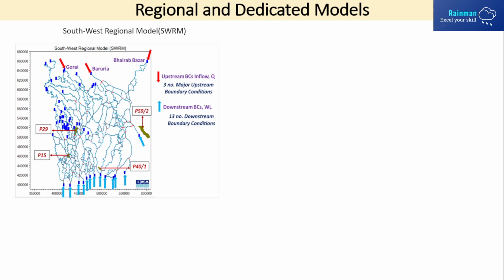So these 3 polders have been integrated into the Southwest regional model, and we simulated the whole regional model for these polders. All the canal network are integrated in this model, and the upstream boundaries are Gorai and Baleshwar, and the downstream boundaries are essentially water level, and the upstream boundaries are discharge.